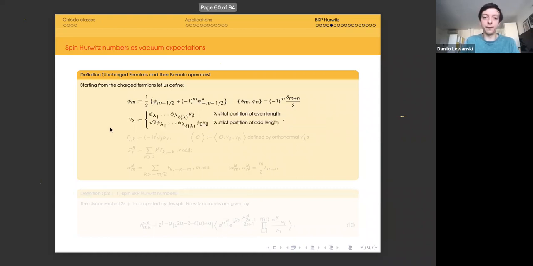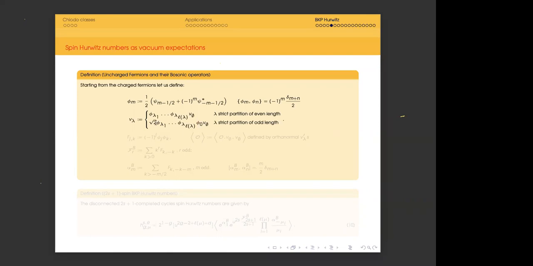Now you want to define the V lambda as before. Now you want to do this only for strict partitions, as we mentioned before. And depending on whether this partition is of even length or odd length, you have to insert one more psi 0, but this is not very important, and also square root of 2, but this is just normalization.